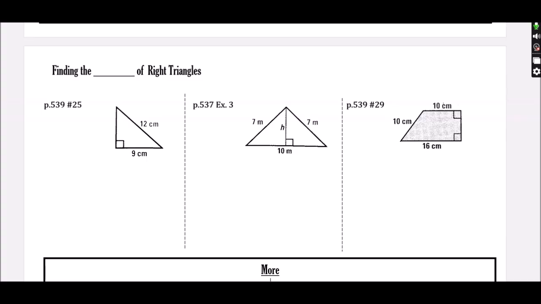It's just part of the question because this blank we're going to fill in is finding the area of right triangles. Now remember, if we had a rectangle or a square, the area we would say is base times height, right? Base and height. So remember, and we did talk about this recently, that the area of a triangle is just a rectangle split in half.